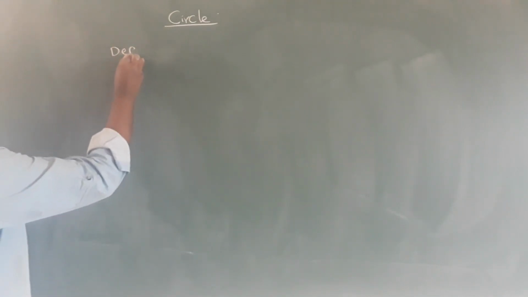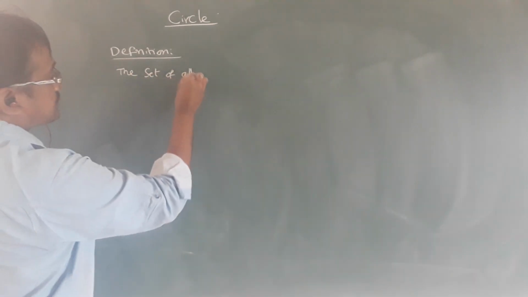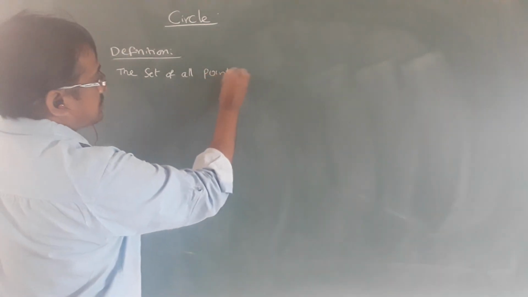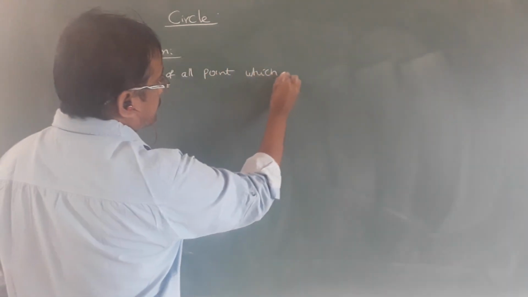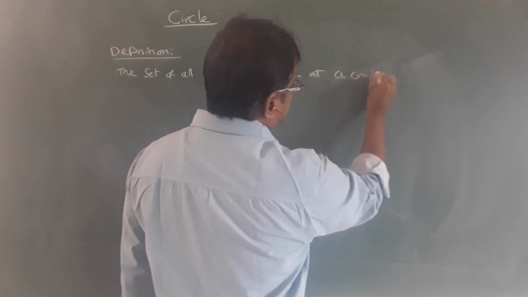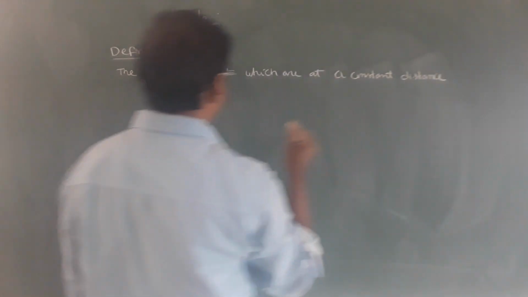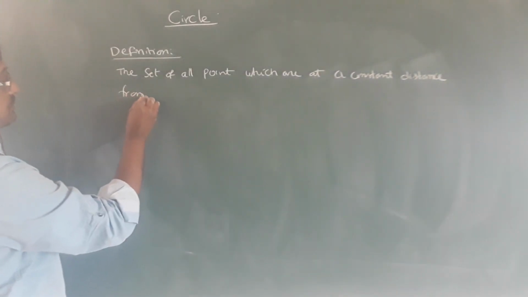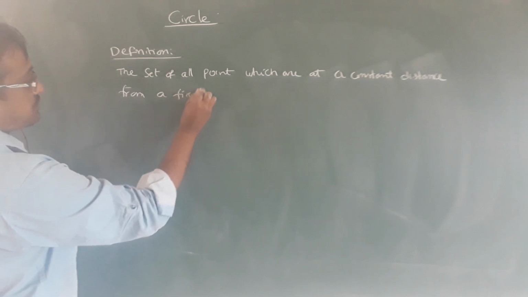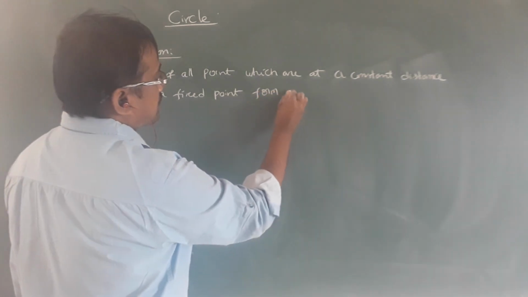The definition of the circle: the set of all points which are at a constant distance from a fixed point form a circle.